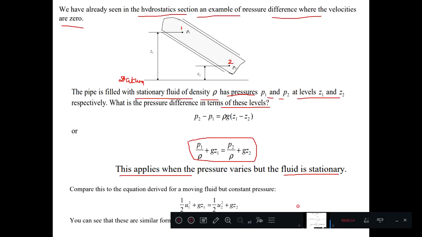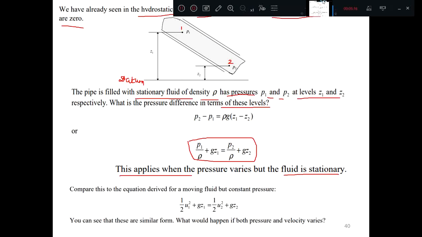So compare this to the equation derived for a moving fluid but constant pressure, the previous example we have taken.